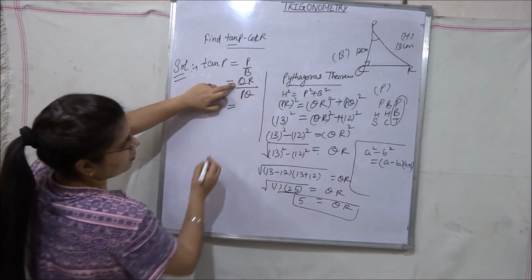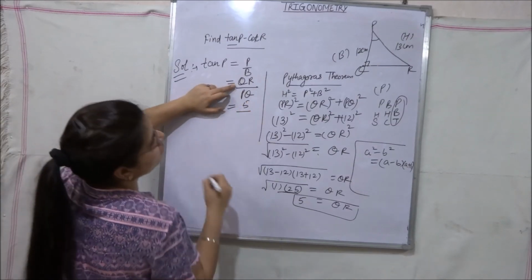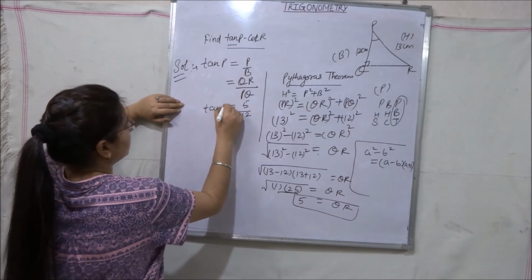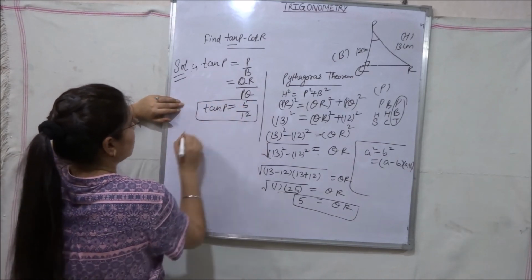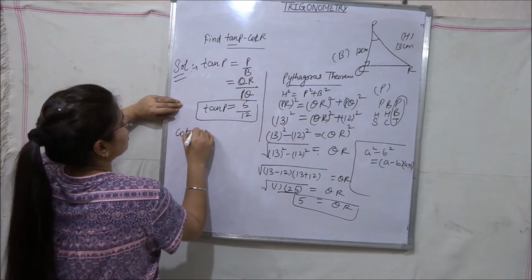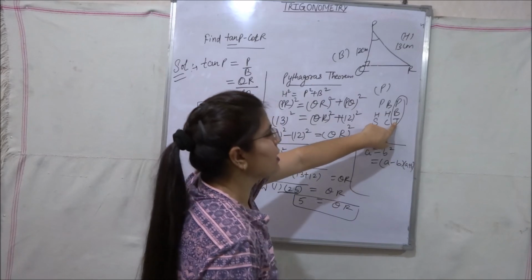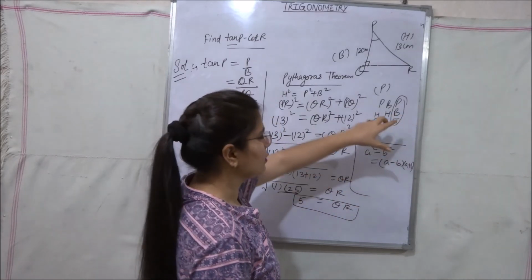Now value of QR is 5 and value of PQ is 12. So tan P will be 5 upon 12 and cot R. Cot theta is reciprocal of tan theta.